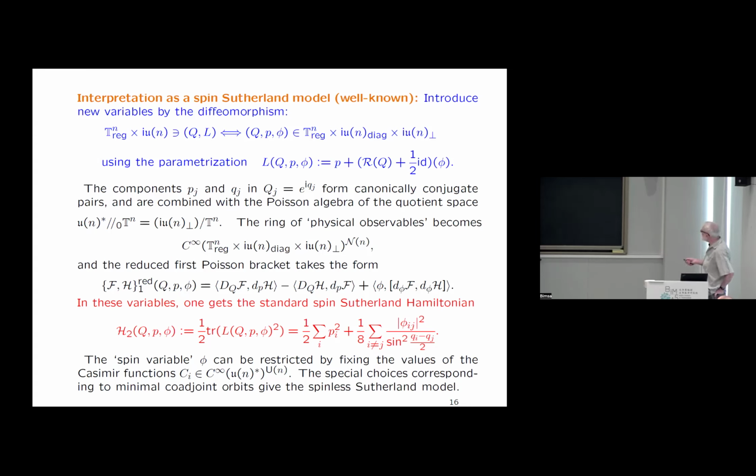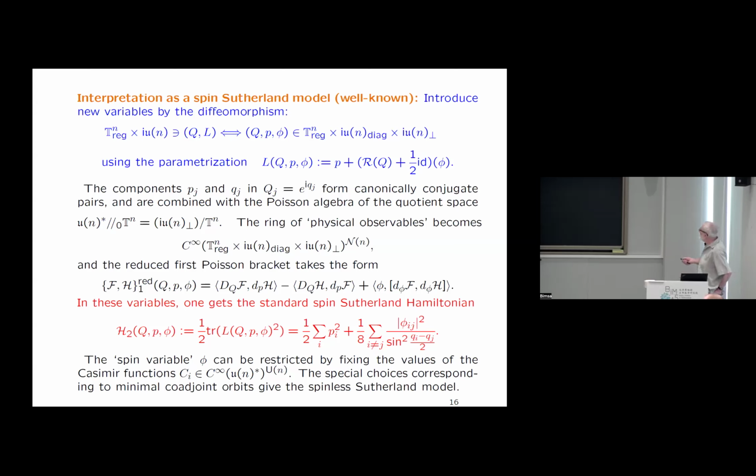An arbitrary Hermitian matrix L you can uniquely represent in this way. So P is the diagonal part of L, and phi is an arbitrary off-diagonal anti-Hermitian matrix. This contains the diagonal part, and this encodes the off-diagonal.